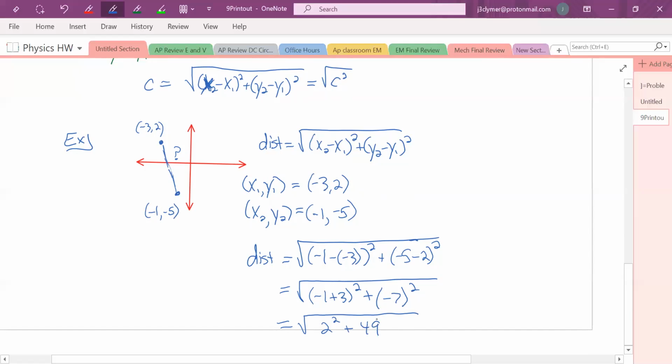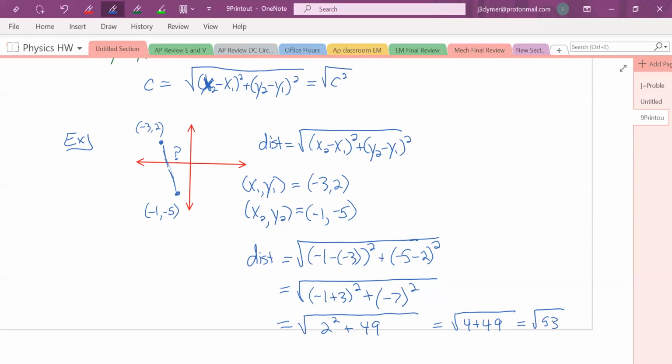So it didn't matter which one came out positive and which one came out negative, because we end up squaring it. So you end up with 4 plus 49, which is equal to the square root of 53. And if we could simplify that, that'd be great, but 53 is a prime number, so we can't simplify it. So we have our answer.